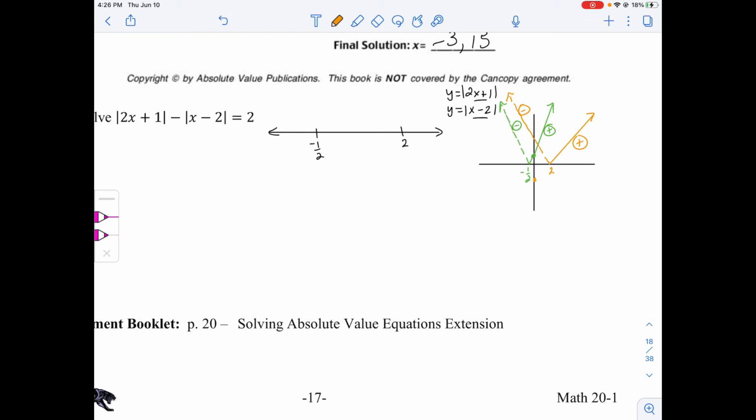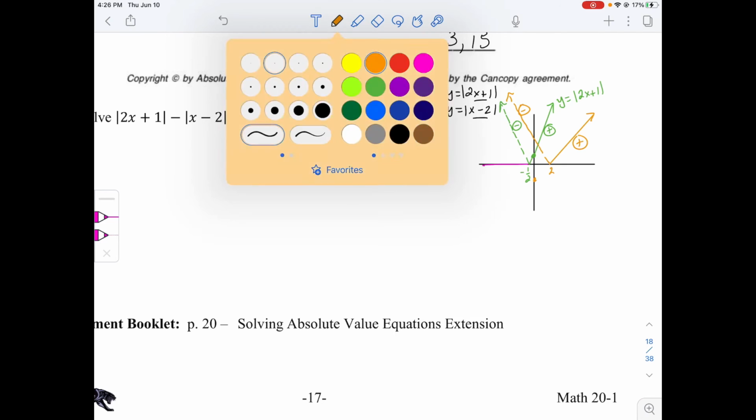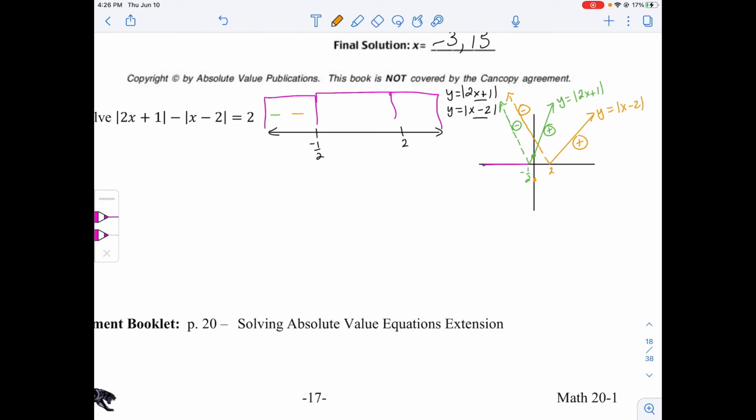So we've got these 3 sections. When x is less than negative 1/2, we've got a negative, and we've got a negative. They're both negative. Between negative 1/2 and 2, the green, which is the absolute value of 2x plus 1, and the orange, which is the absolute value of x minus 2: the orange is the negative, and the green is the positive.